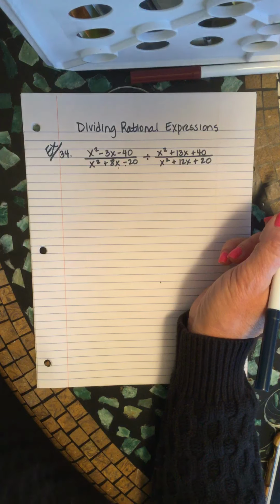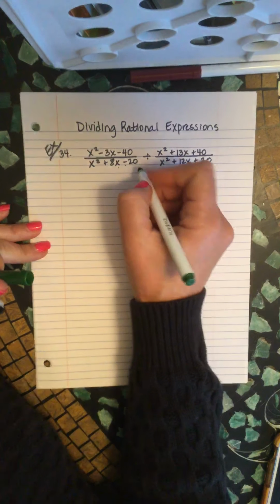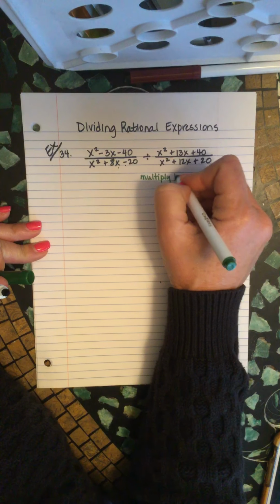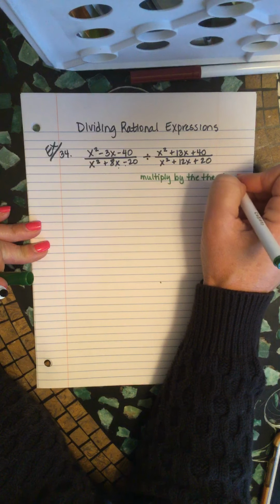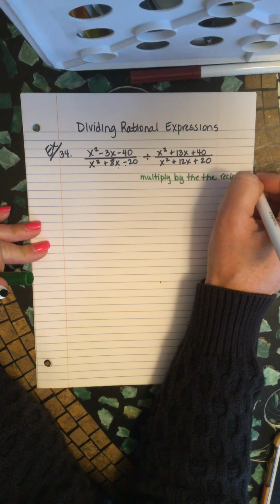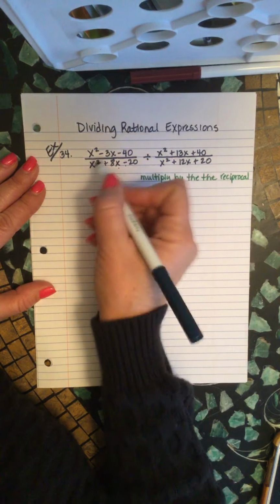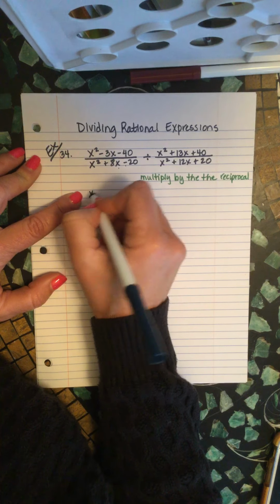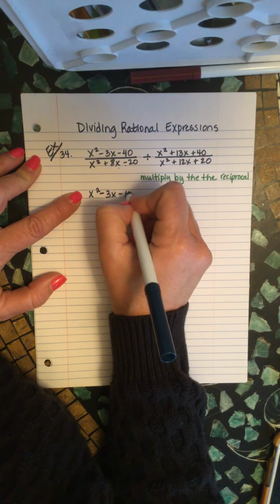Okay, so just like whenever you divide by a fraction, you actually multiply by the reciprocal. So we're going to multiply by the reciprocal. I'm just going to rewrite the problem and flip this over and multiply it. And then we go back to just multiplying them together.